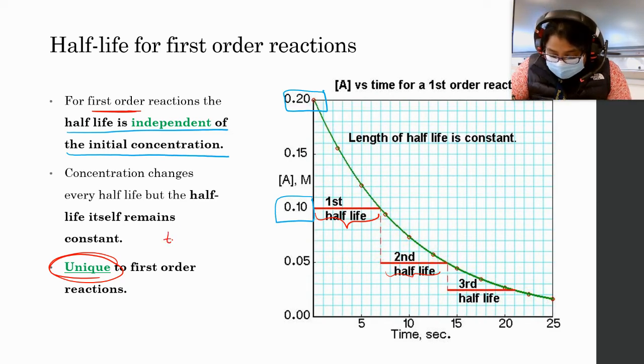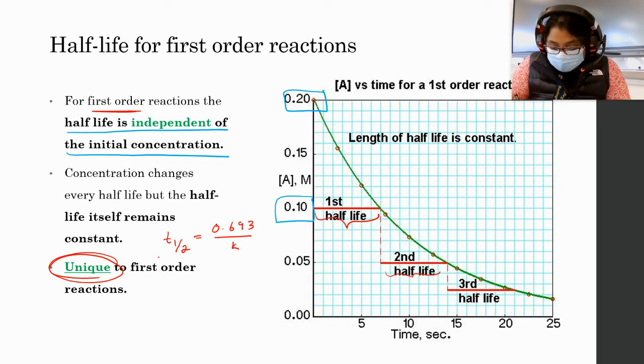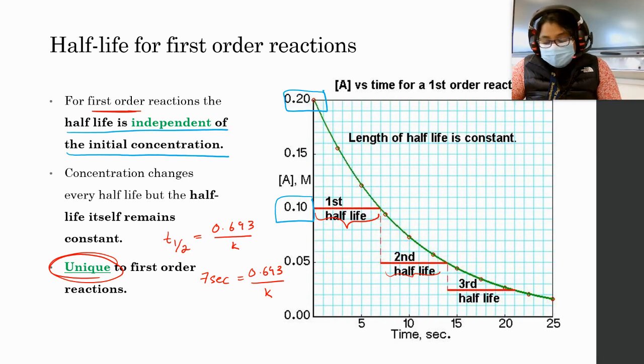Now remember, T1/2 is equal to 0.693 over the rate constant. If you know your half-life, like let's say you have a table with a half-life in it, like 7 seconds, and you know 0.693 is the natural log of 2, you can easily calculate what your rate constant is.